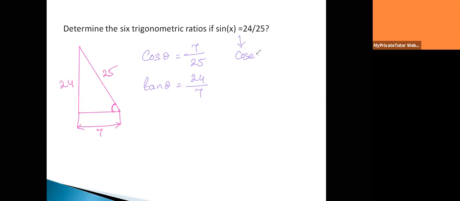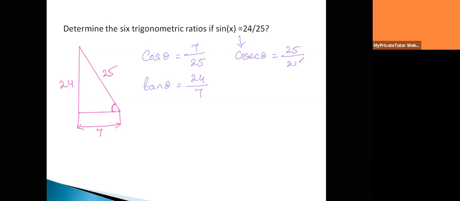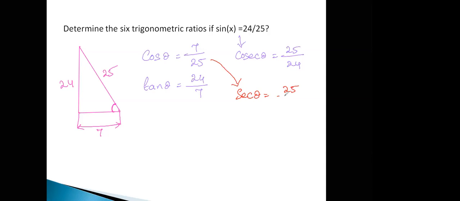What is cosecant? Cosecant will be 25 over 24. Yeah, it's the reciprocal of sine theta. So that's correct, good one. So what about the next one, which is secant, right? Yeah, secant theta is the reciprocal of cos theta, 25 over 7.